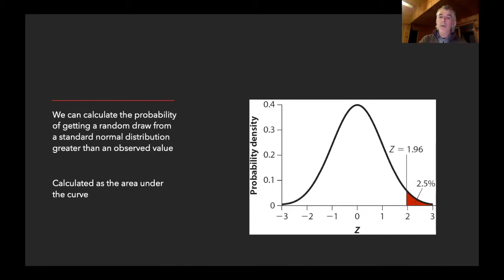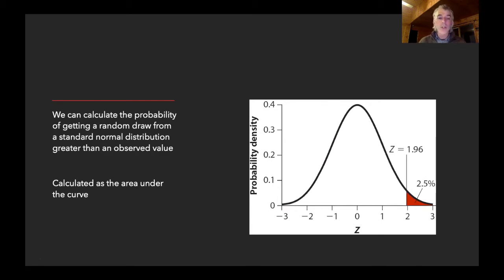So for example, in the standard normal distribution, where we're talking about z-scores then, we can calculate the probability of getting a value equal to or greater than 1.96 by calculating the area under the curve of this standard normal distribution. And this is what allows us to calculate a p-value from a distribution like this.